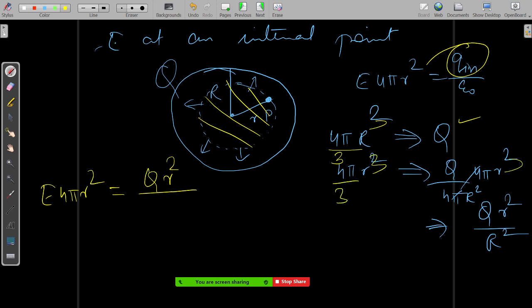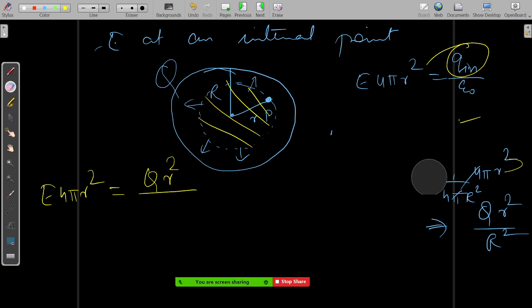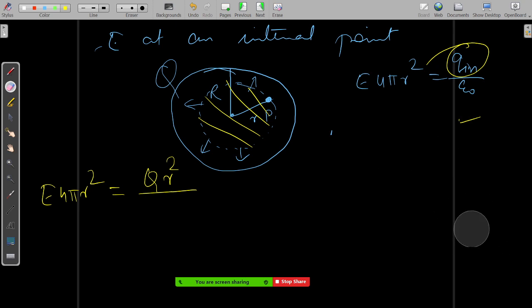Can you repeat this again? See, you know that the total charge is Q and it has been given to a sphere of radius capital R. So the total volume of the sphere is 4 by 3 pi R cube, and this charge Q has been spread throughout this volume.